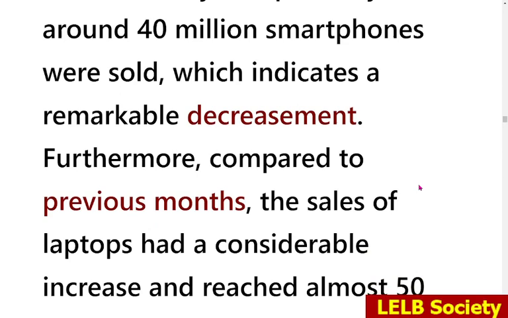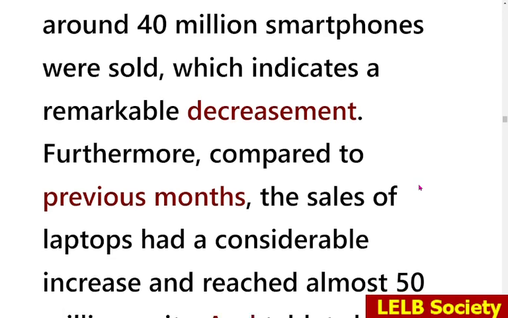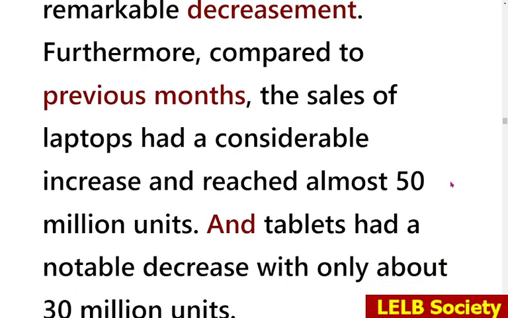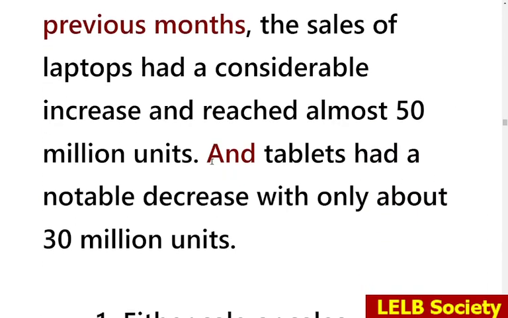Furthermore, compared to the previous months, because we know which months we are talking about, the sales of laptops had a considerable increase and reached almost 50 million units. And again, it's better not to start an independent sentence with and.